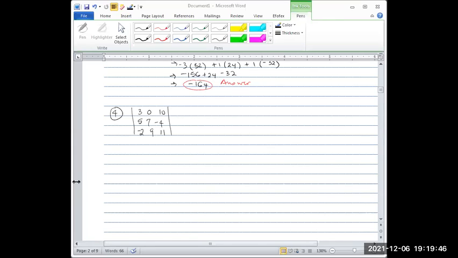Sir, is it possible to get a number that is too big? No, we can't look at the matrix itself to see whether or not you have a positive number or a negative number. I'm talking about the number itself, sir.